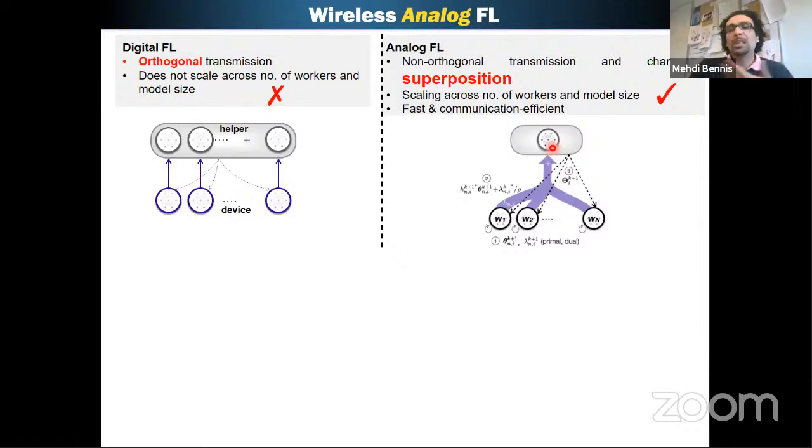Of course, they will be perturbed by some noise and some fading, but still you could actually decode this. The nice feature here is that you can scale much better than the digital approach, and it's still privacy preserving, of course. And actually the performance improves with adding more devices, whereas here the performance decreases, right?